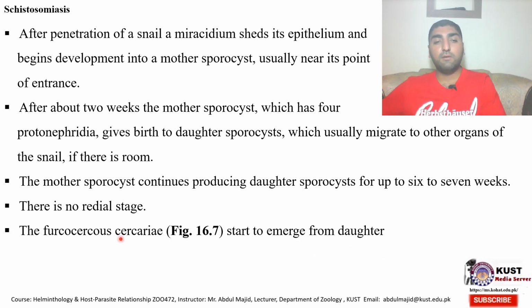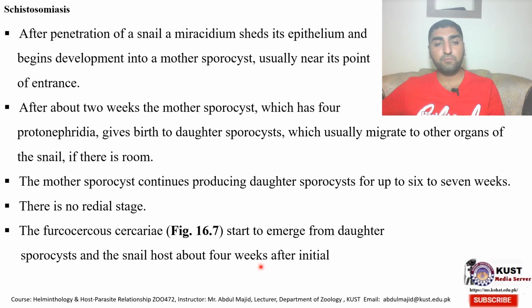So the cercaria larva, as I showed you, the Cercaria, because of the bifurcated, fork-shaped tail, start to emerge from the daughter sporocyst in the snail host about 4 weeks after initial penetration by the miracidium. So it was 4 weeks ago when the miracidium penetrated the body of the snail, where it developed into mother sporocyst.